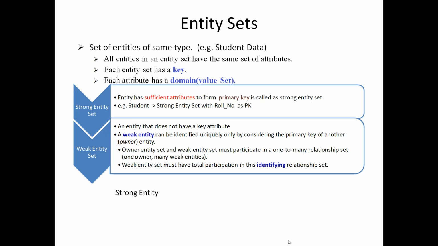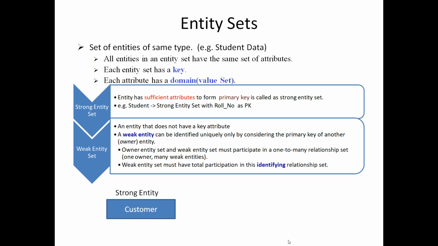The owner entity set and weak entity set must participate in a one-to-many relationship. So for example, there could be one parent and multiple children. We'll see what all these one-to-many, one-to-one relationships are at a later point of time. The weak entity set must have total participation in this identifying relationship set.